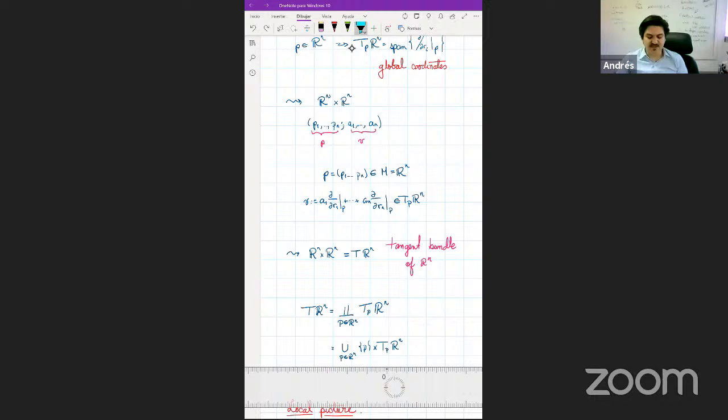So for Euclidean space, it's very easy, it's just the Cartesian product. But we will describe the tangent bundle for manifolds.